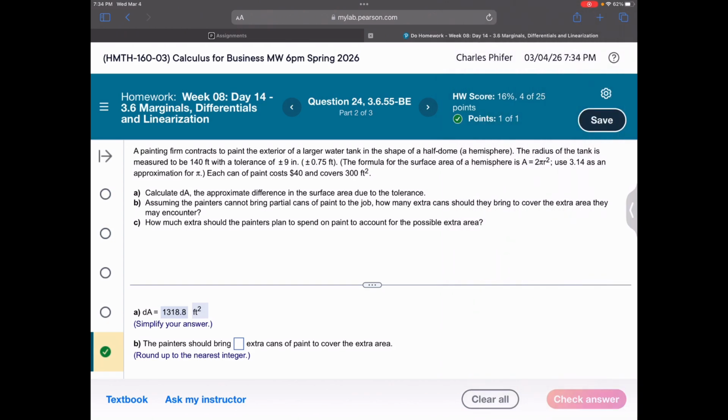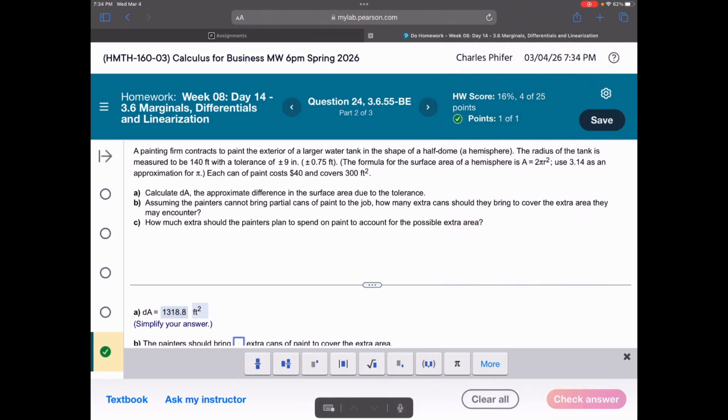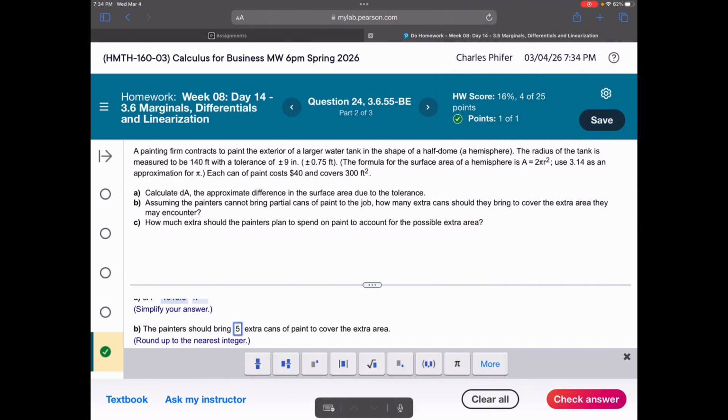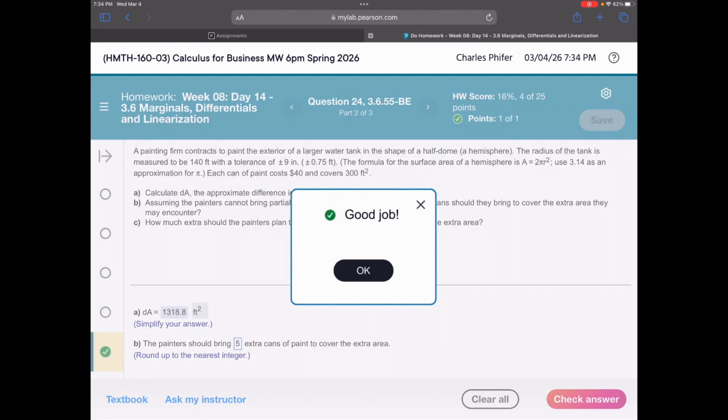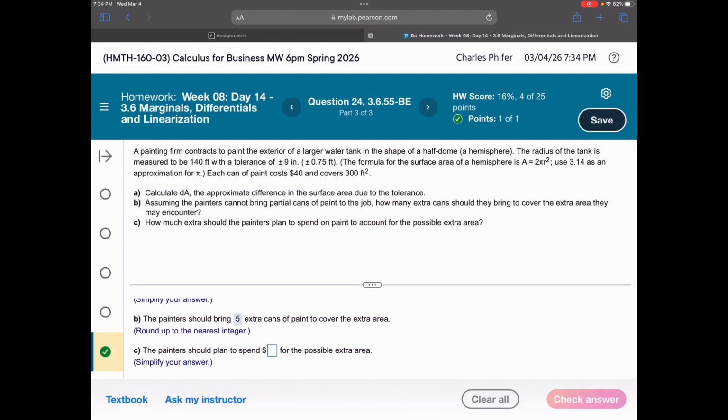So it looks like 5 cans of paint total to cover everything. And if each can of paint is $40, 5 times 40 is $200.